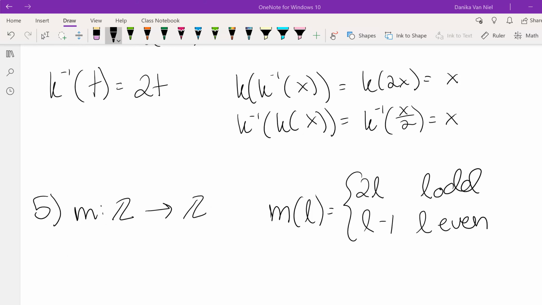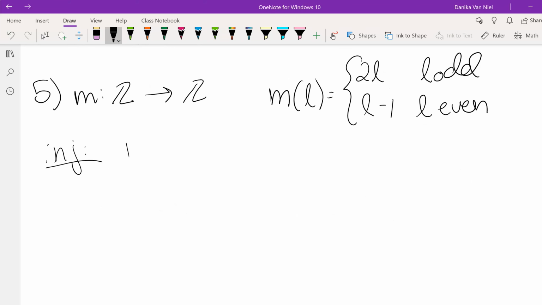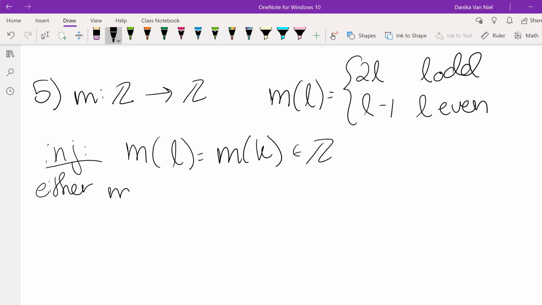Okay, I changed this last one. Let's say m of L equals m of k, or something. Those are going to be integers. Either m of L is even or odd.